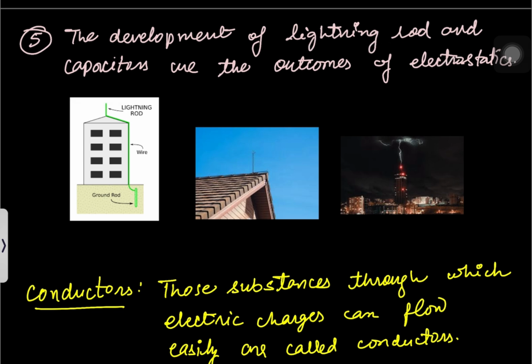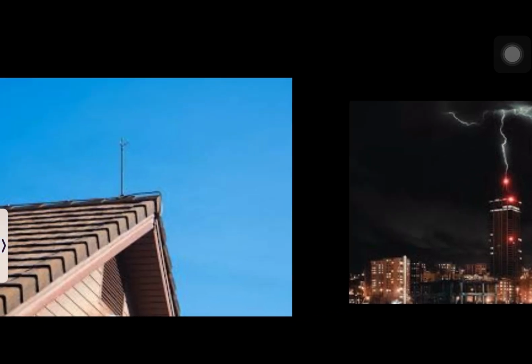लाइटनिंग रॉड आपने घरों में देखा होगा. Likewise, this is a roof, और roof के ऊपर ये छोटा सा device, छोटा सा तो नहीं कह सकते, एक significant size का device रहता है जो lightning rod होता है. इसका function क्या होता है? जैसे अगर यहाँ से lightning हो रही है, बिजली कड़क रही है, तो ये क्या करता है?